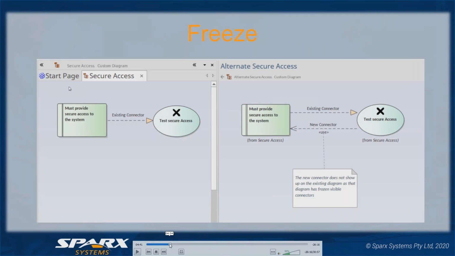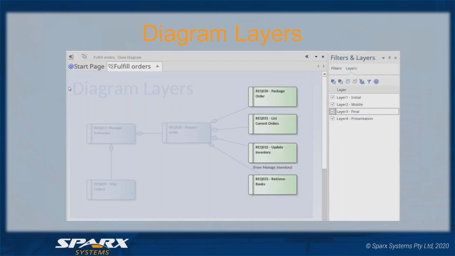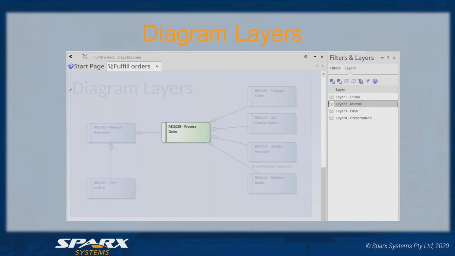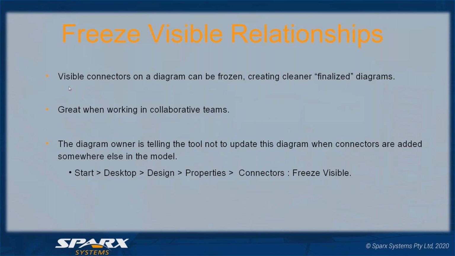So if I just go back again here, what it allows you to do is to freeze how a diagram looks, and it then gives you the ability to freeze and create a cleaner, finalized diagram.